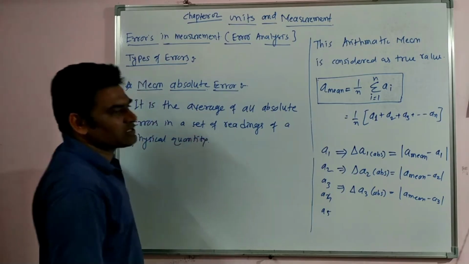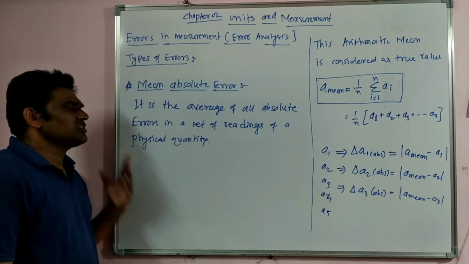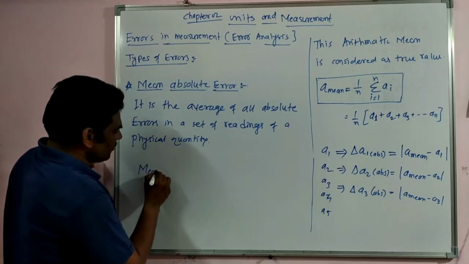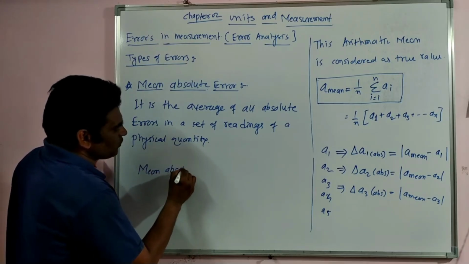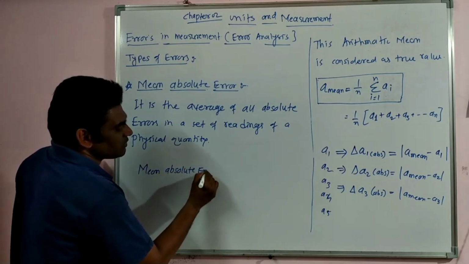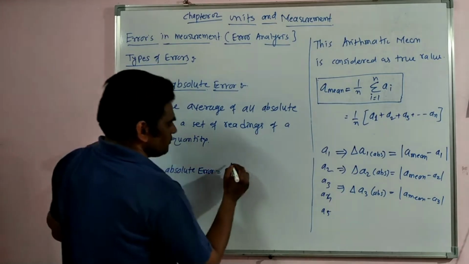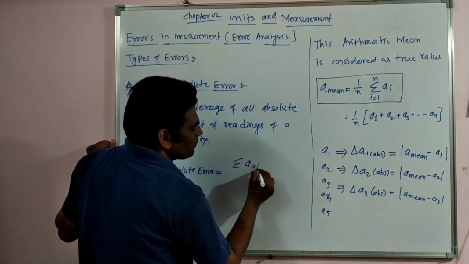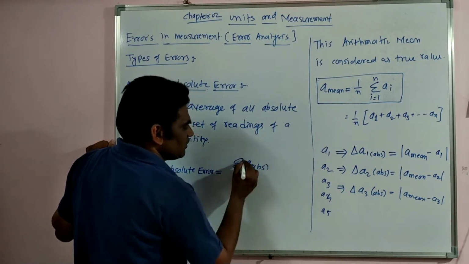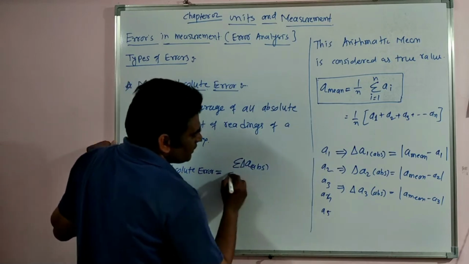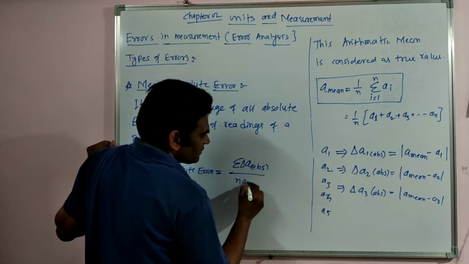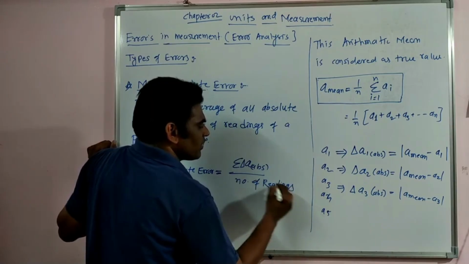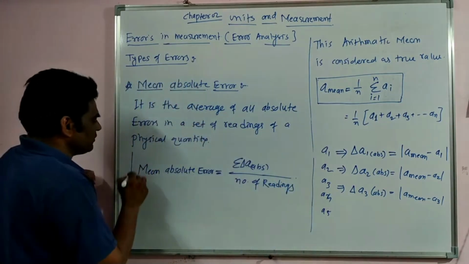And as absolute error is always positive, this will also be positive. So mean absolute error is equal to the summation of all absolute errors divided by the number of readings. Okay? Simple?